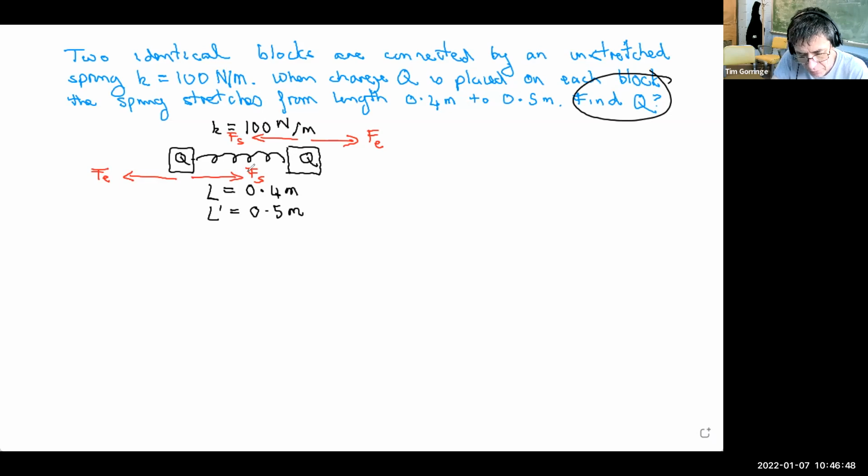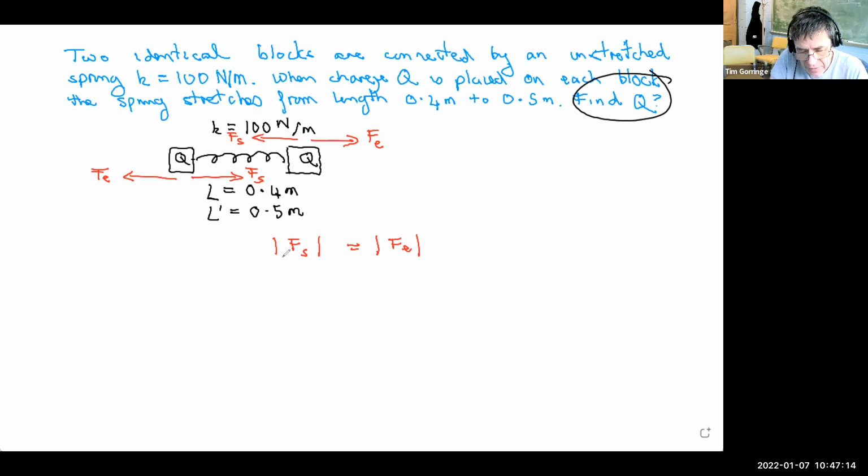And so my starting point in the calculation is really that the magnitude of the spring force is equal to the magnitude of the electrical force. I'm not going to worry about directions here, whether they're to the left or to the right. I'm just going to worry about the fact that their magnitudes must be equal. That's enough to solve this problem.